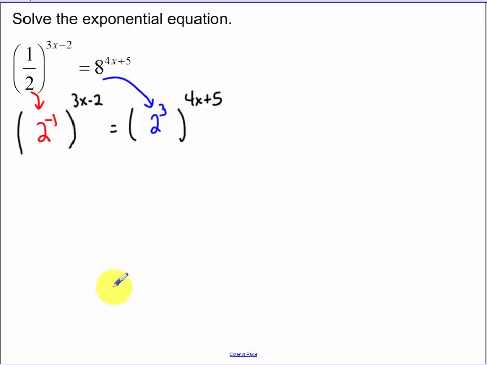Now take and simplify. So we distribute the negative 1 through, so I have 2 to the negative 3x plus 2. Distribute the 3 through. Now go through and set your exponents equal.